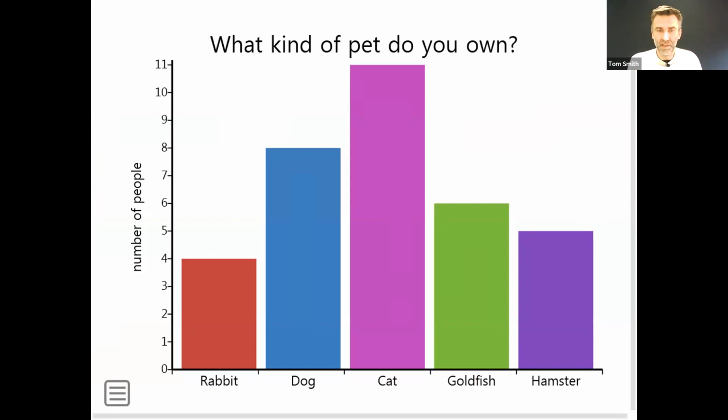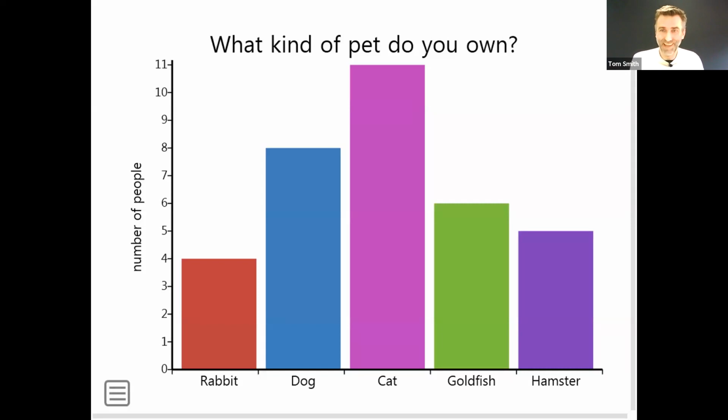I wouldn't say, okay, there's a vertical line with numbers on it, a horizontal line with rabbit, dog, cat, goldfish, hamster, then there's a red rectangle that goes up to 4, and that's the one that's rabbit. You don't really need all of that information to come across in the audio description.